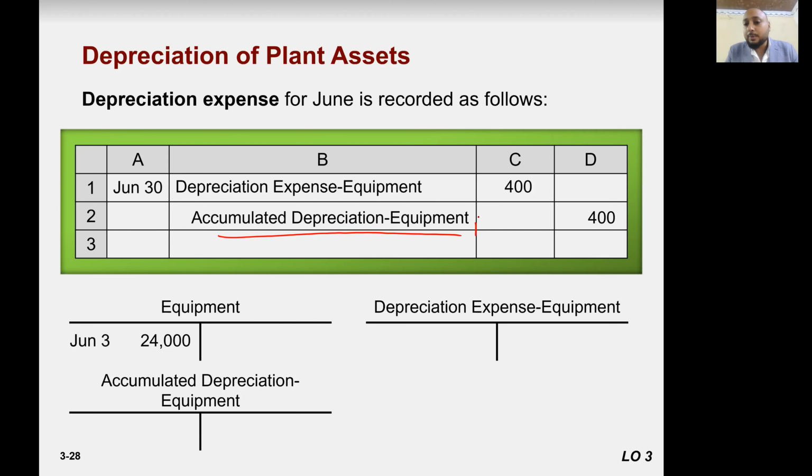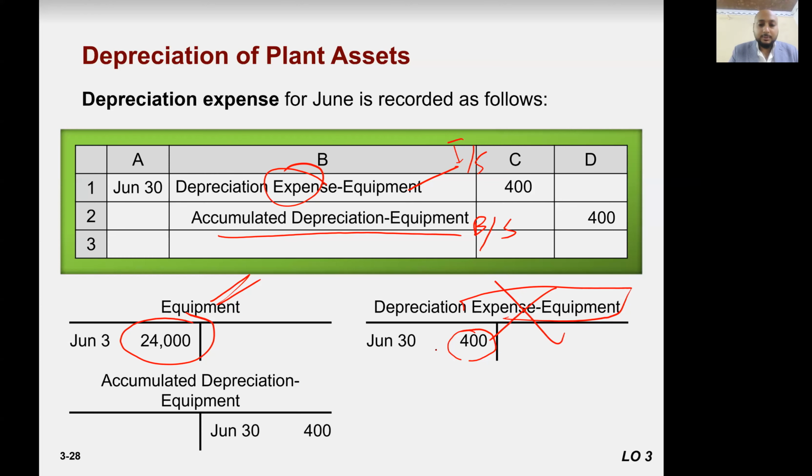This will go to the balance sheet, and the expense will go to the income statement. So equipment remains 24,000, so that we know how much we purchased the equipment for, 24,000. How much we use, we see on the balance sheet side.